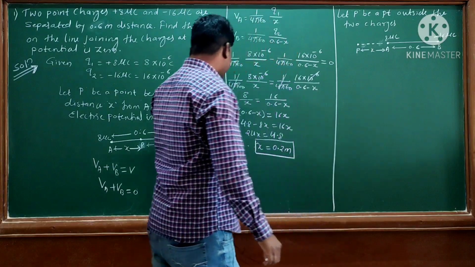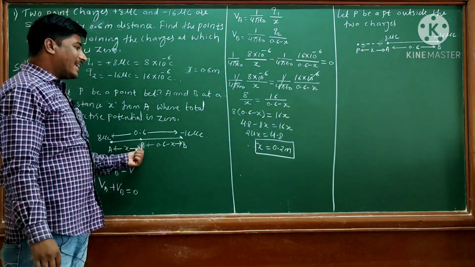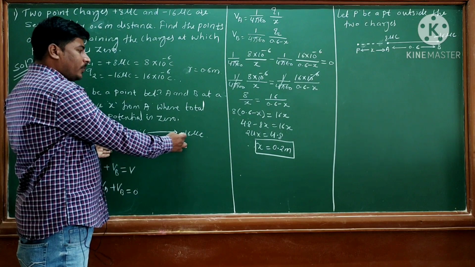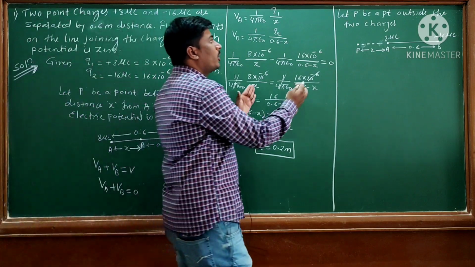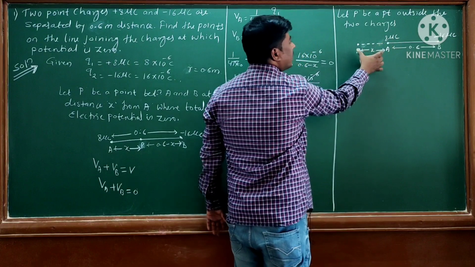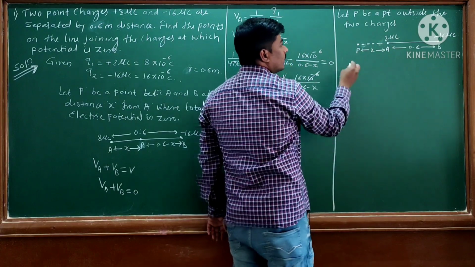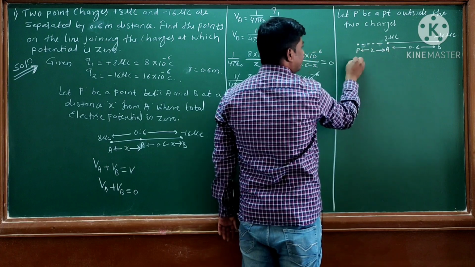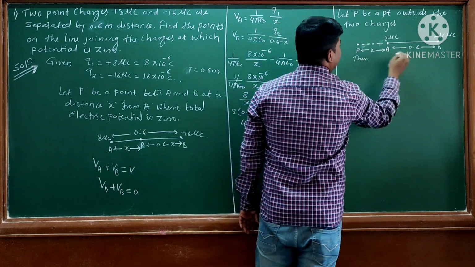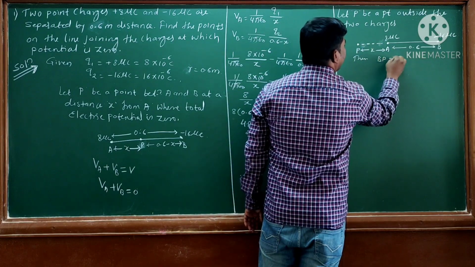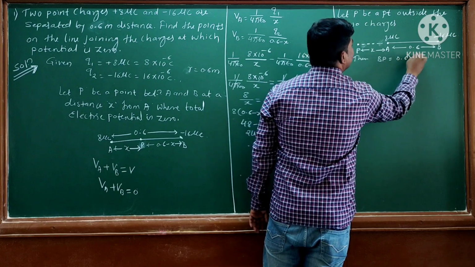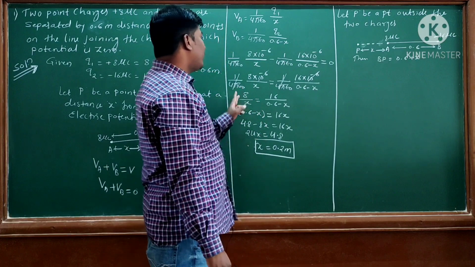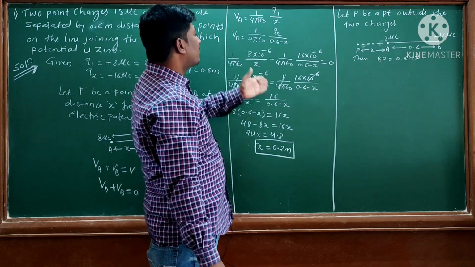So earlier what we have seen, the point P lies between the charges. Now this point P is outside the two charges. So point P lies at a distance x from A. Then this BP becomes what? 0.6 plus x. Therefore I will use the same expression now, VA plus VB here.